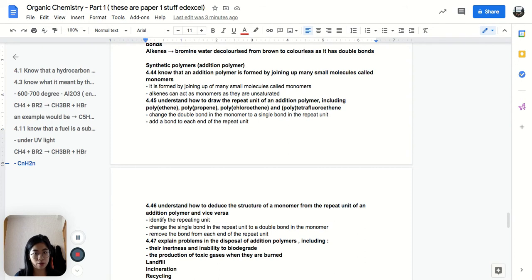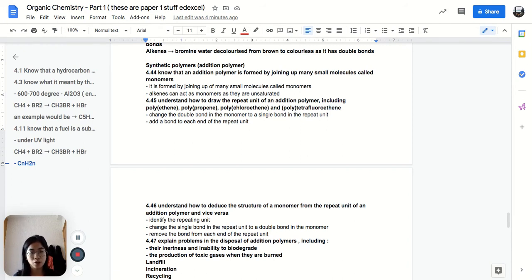So 4.45, how to draw a repeat unit of an addition polymer. Basically change the double bond of ethene, propene, chloroethene, because they have a double bond. So change the double bond in the monomer into a single bond in the repeat unit, and add a bond to each end of the repeat unit. You probably have no idea what I'm talking about, but you will when I show you the diagram.